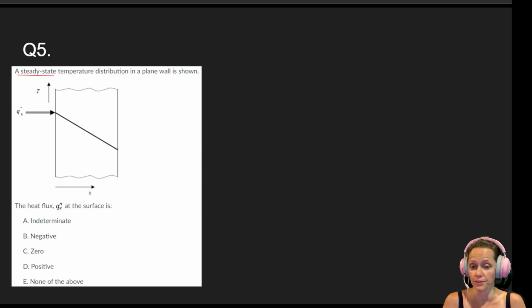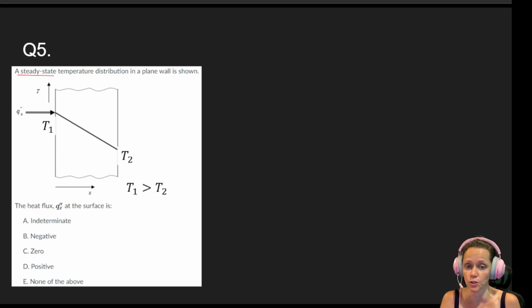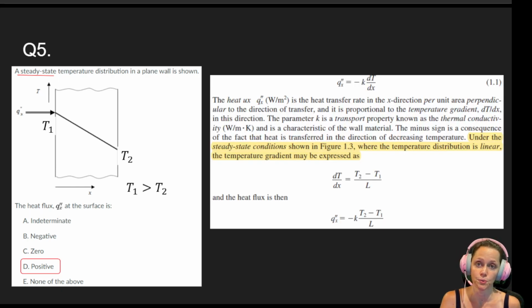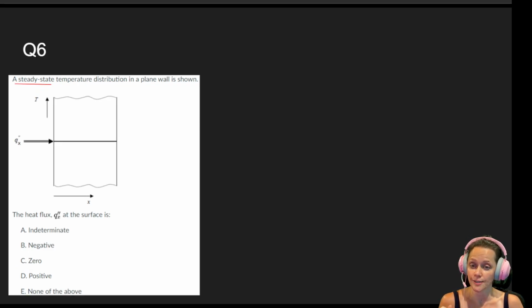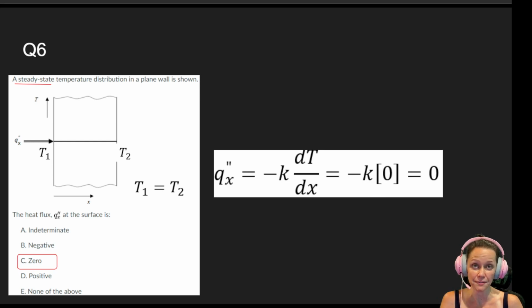Want to know about the heat flux, and heat goes in the direction of decreasing temperature, and so it's going to be a positive number. If we said that those temperatures were equal, so question 6, T1 and T2 would be equal, and in that case, you don't have any heat transfer because there is no driving force, there's no temperature gradient.